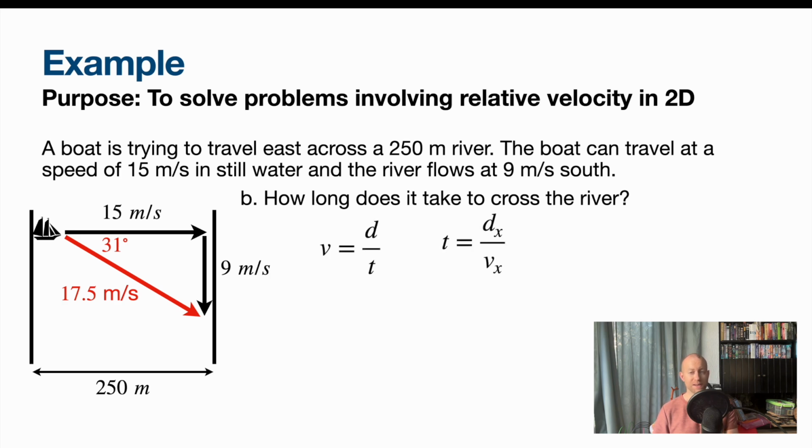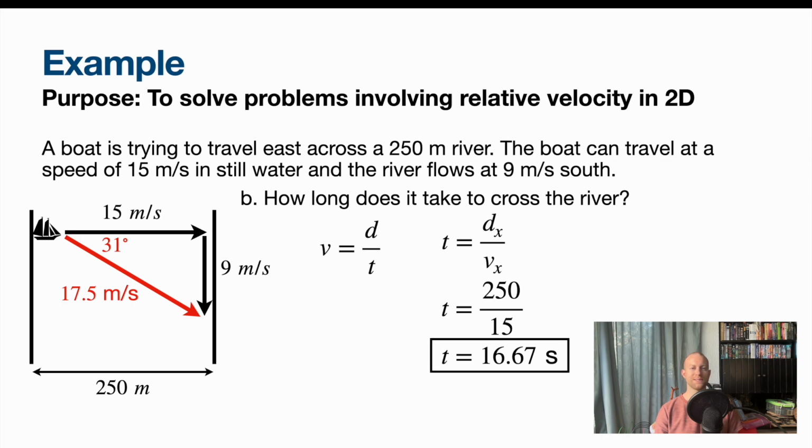And we're going to specifically look at the x component or the horizontal component because the y component does not affect the x component. That's what it means if you have perpendicular vectors, x and y, are independent of each other. This just means what happens in y does not affect x, and what happens in x does not affect y. So solve these for time, we get 16.67 seconds.